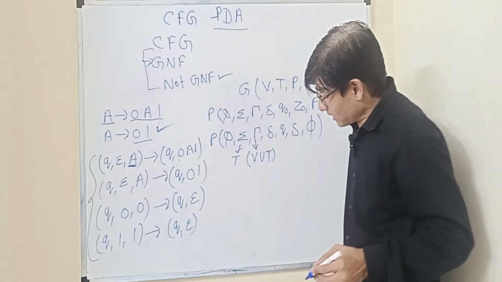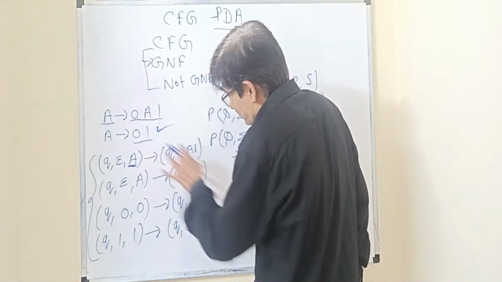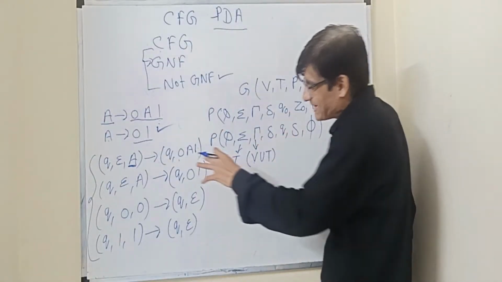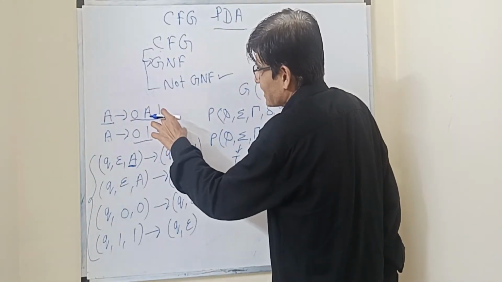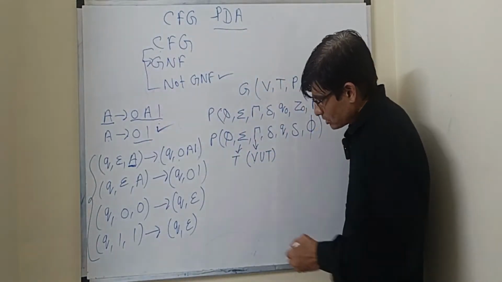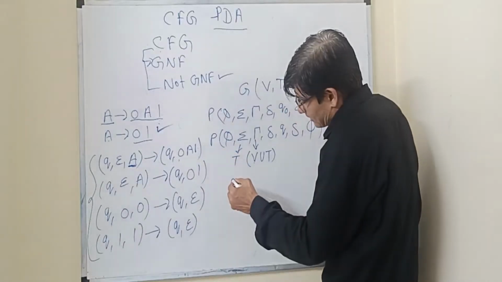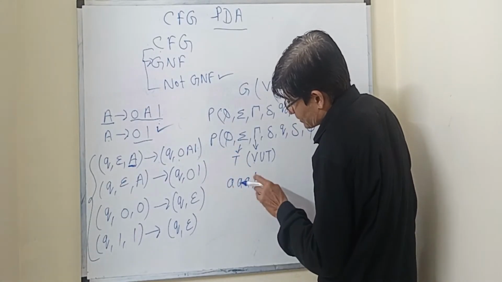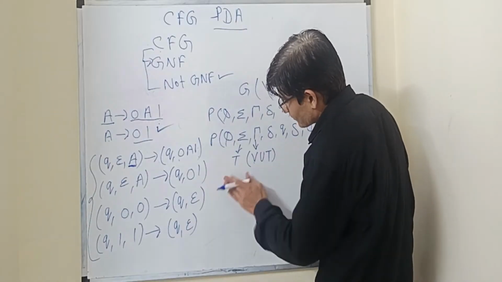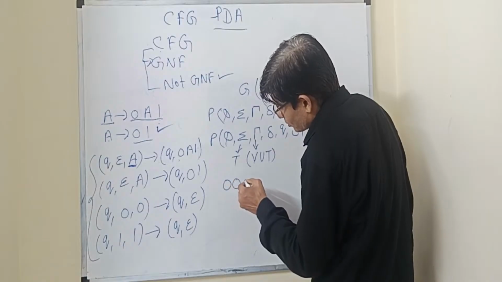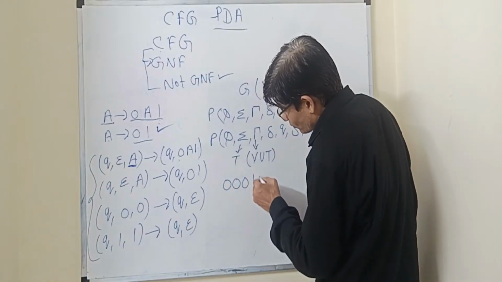Now I will take one example string and I will show you how this particular PDA is accepting all strings from this grammar. So now I am taking one example string here, 0, 0, 0, 1, 1, 1.